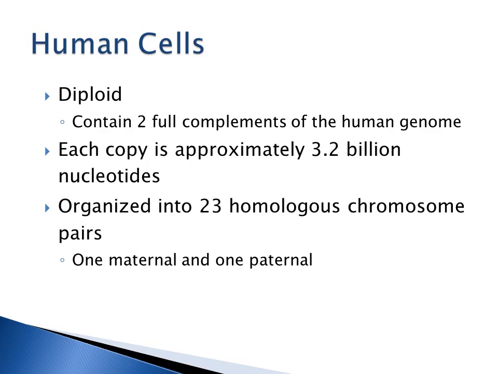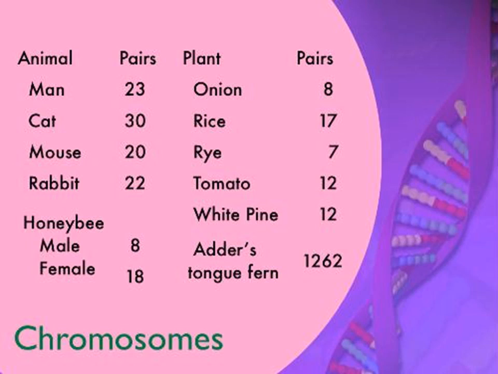Each copy, since there's 2, is about 3.2 billion nucleotides, and it's organized into 23 chromosome pairs. You have 1 maternal and 1 paternal, which makes a pair. So in human cells, there's 23 chromosome pairs.